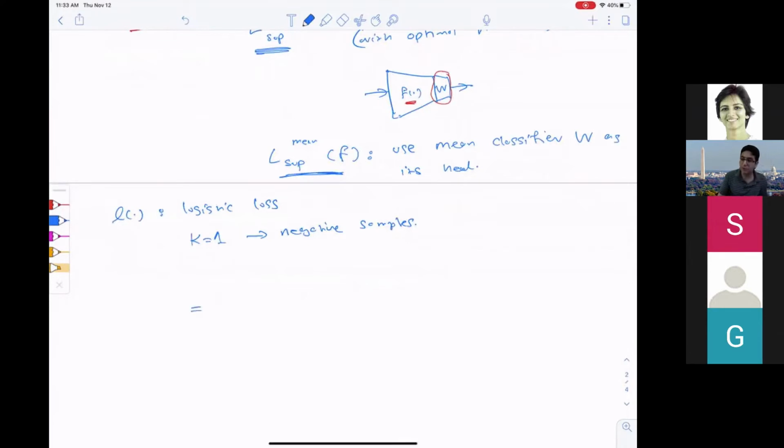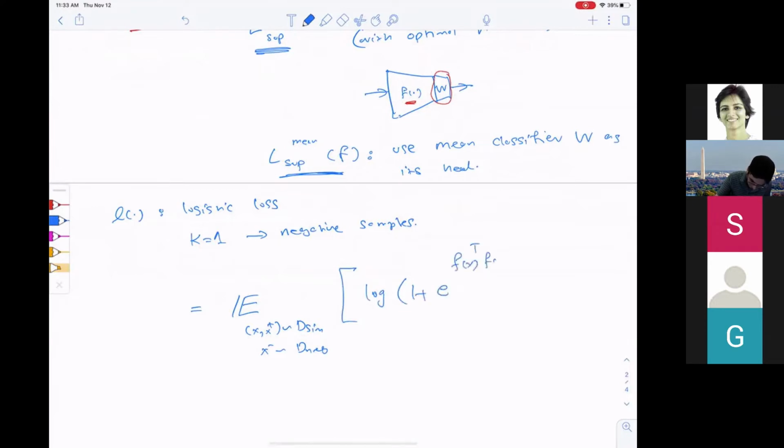So the loss is going to be something like this. It is very similar to the sentence embedding loss: we take samples X and X plus from similar classes, X minus from another class, and then we look at log of 1 plus e to the power f(x) transpose times f(x minus) minus f(x) transpose f(x plus).